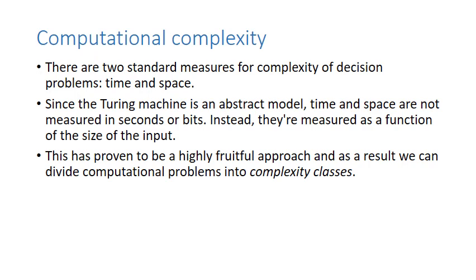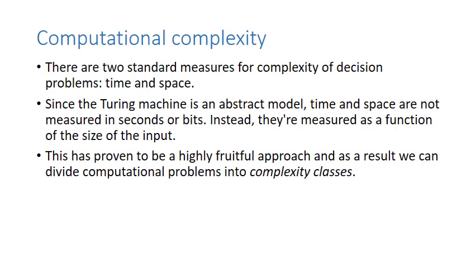It can be measured with time and it can be measured with space. It needs to be remembered here that the Turing machine is an abstract model, so time and space are not measured in seconds or bits. What they are measured in is as functions of the size of the input. And this has proven to be a very fruitful approach.